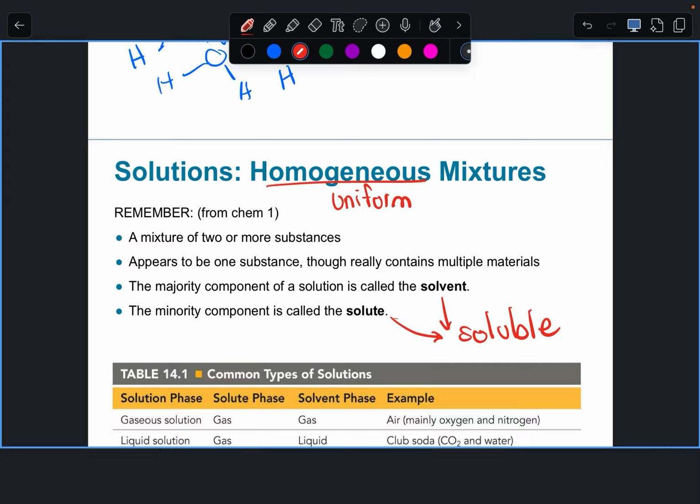What we really mean by that is that they have interactions, intermolecular forces, between them. So solute, solvent forces. We'll say intermolecular, although some of them are ions, not molecules.